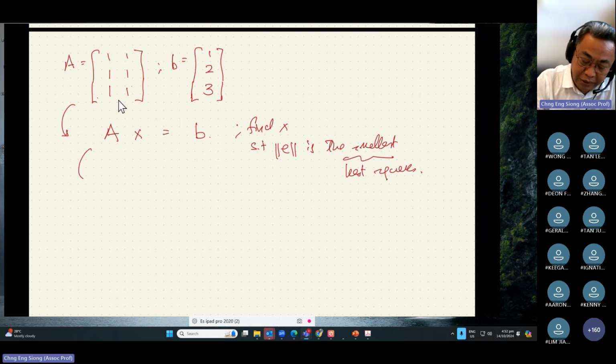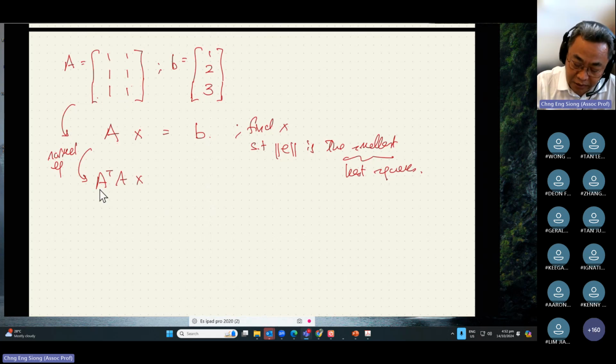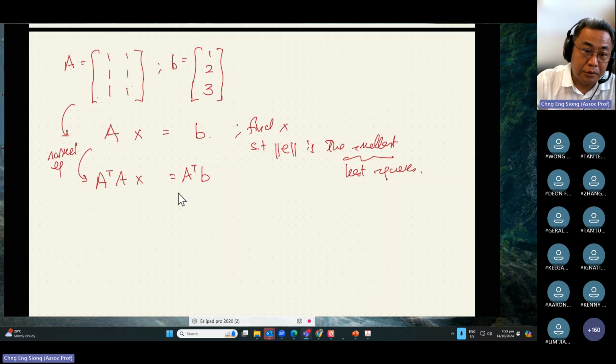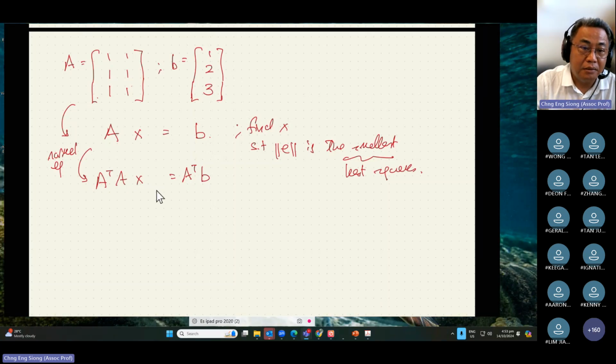So remember, we play with this. We make the normal equation. A transpose A x, so we left multiply by A transpose, and on the right hand side we also left multiply by A transpose. So later on you realize that, hey, A transpose A is not invertible because the columns of A are dependent.